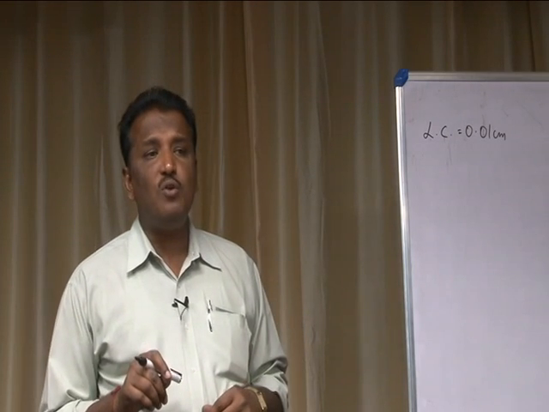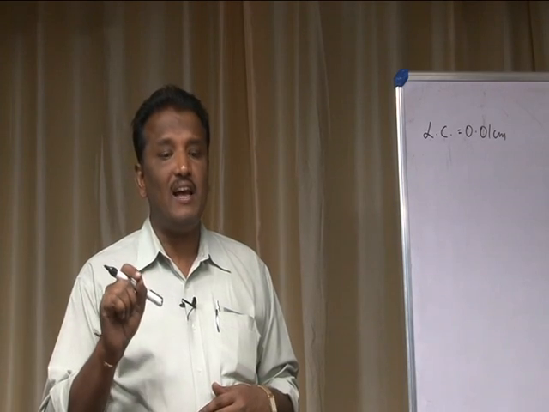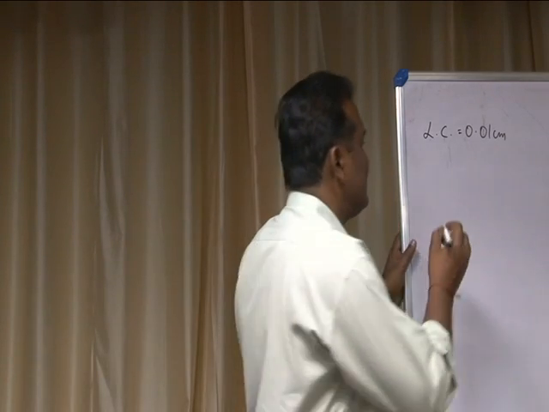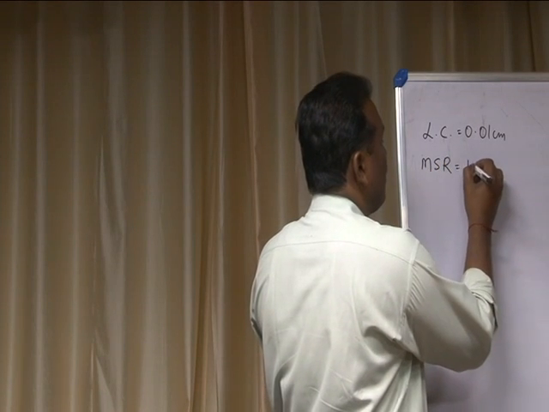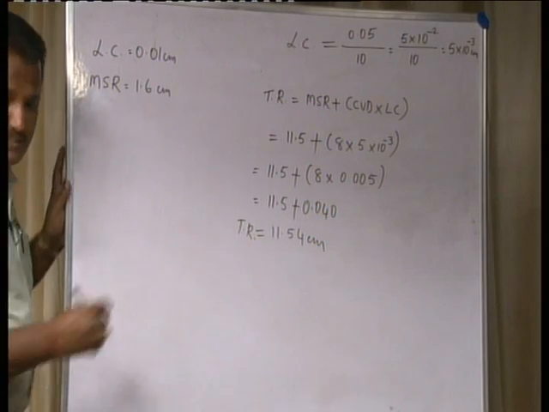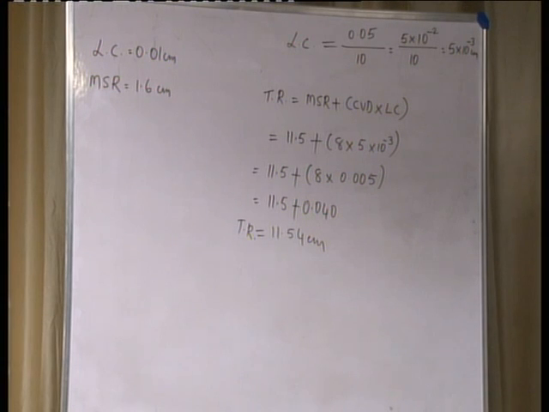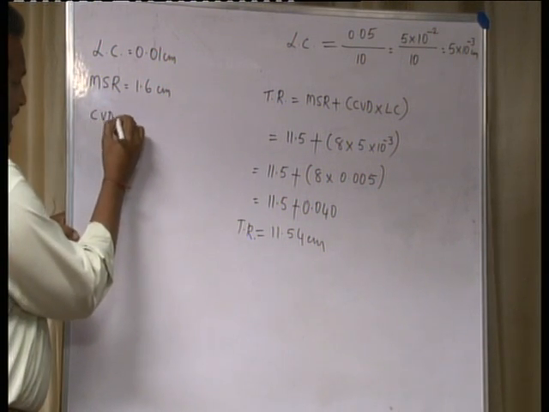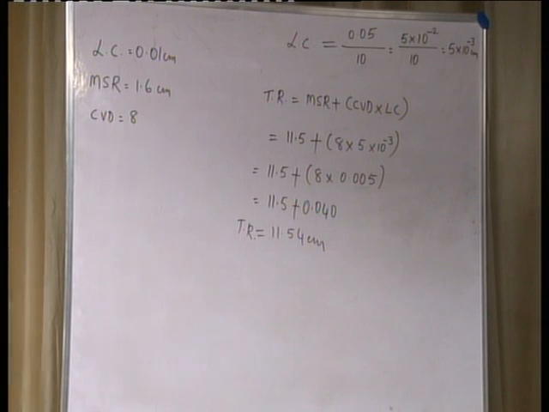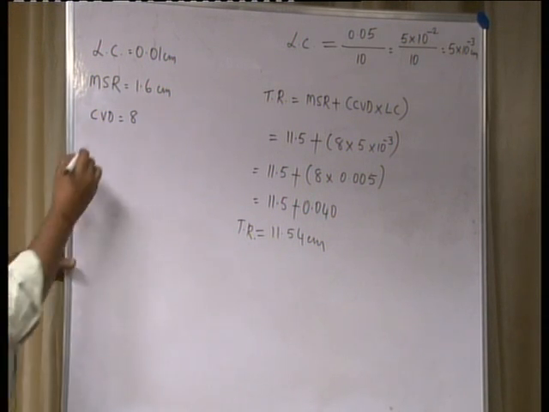Therefore, you have to take the main scale reading as 1.6 centimeter. The given main scale reading is equal to 1.6 centimeter, and the 8th division of the vernier scale coincides with the main scale. So, CVD is given, it is 8. Then what is expected is to calculate the total reading.